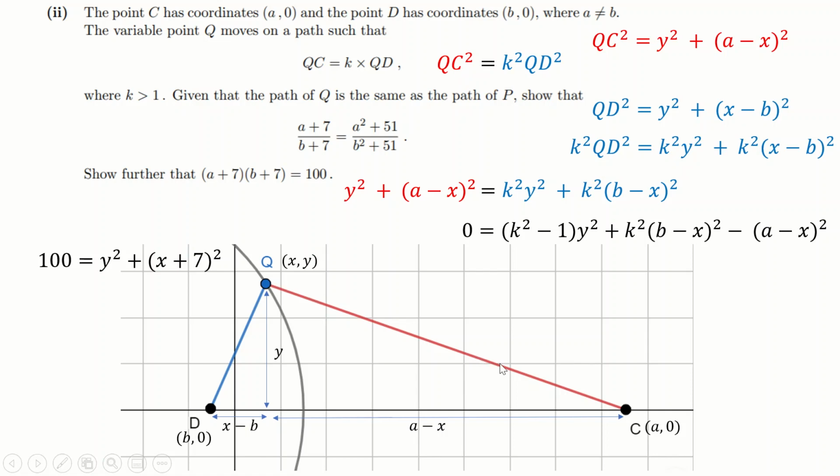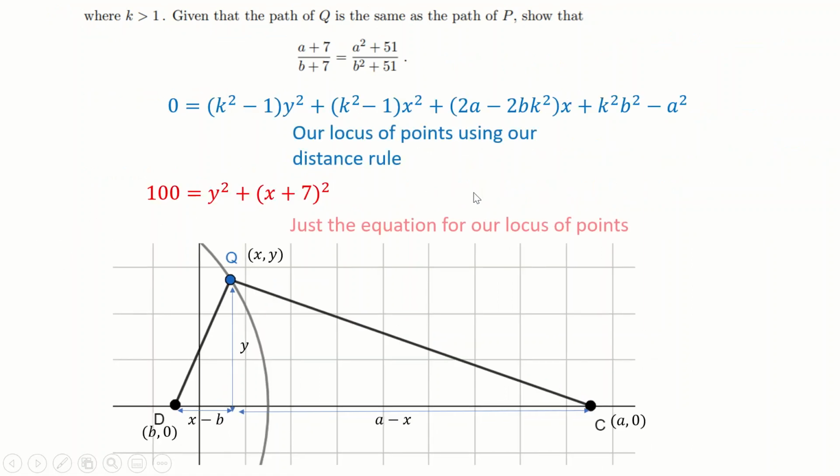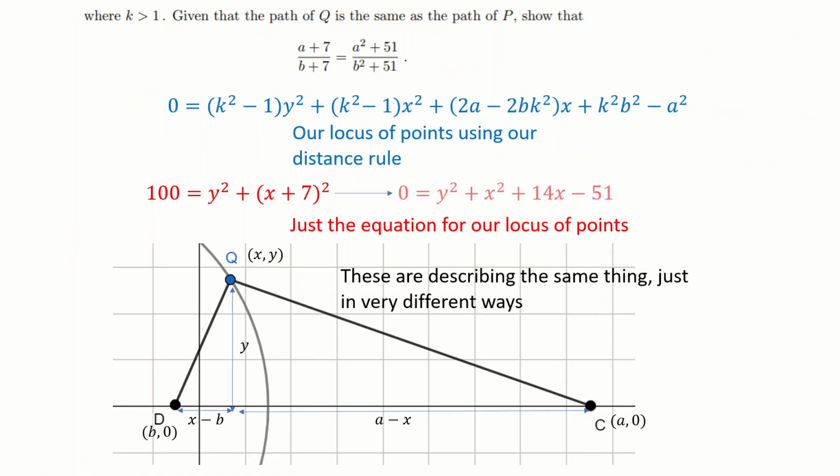Like QC is just a length, square it, it's just a number. So this algebra all equaled a single number, which this algebra also did, which meant I could set them equal to each other. Now, the problem here is that this isn't doing that. These two things aren't describing a single constant or a single point. They're describing an entire curve, an entire locus of points. So we need a new idea here. We can't just set them equal to each other.